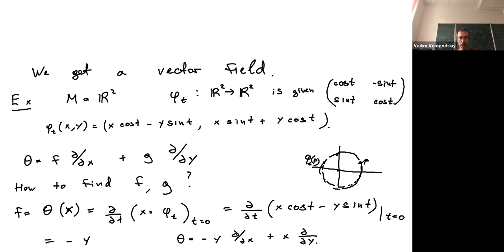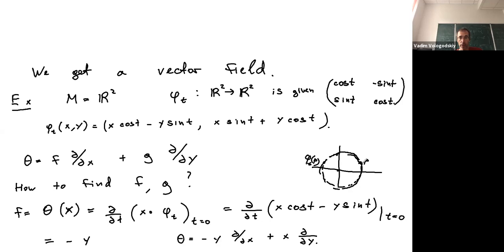Let's consider a path on my manifold, which in my case is R2, which takes t to phi sub t of P. So this is the path. Every path starting at point P determines a tangent vector. That was a geometric definition of tangent vectors, right? We had the algebraic definition, derivations, and we also have the geometric interpretation. So look at this path, and this path determines a tangent vector. So this is my vector field.